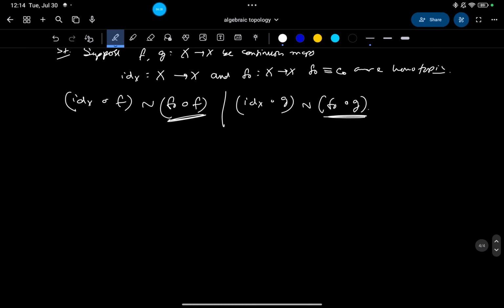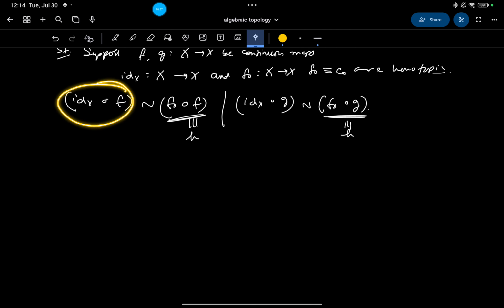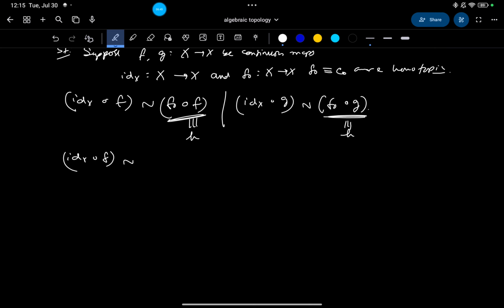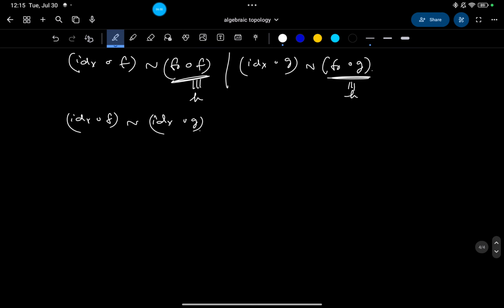That means I can call this small h. So both are homotopic to small h. So identity of X composed with f is homotopic to identity of X composed with g by symmetric and transitivity property. Now identity of X composed with f is nothing but small f, which is homotopic to small g.